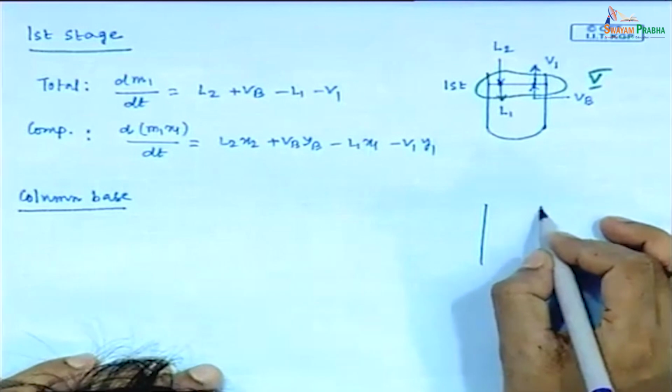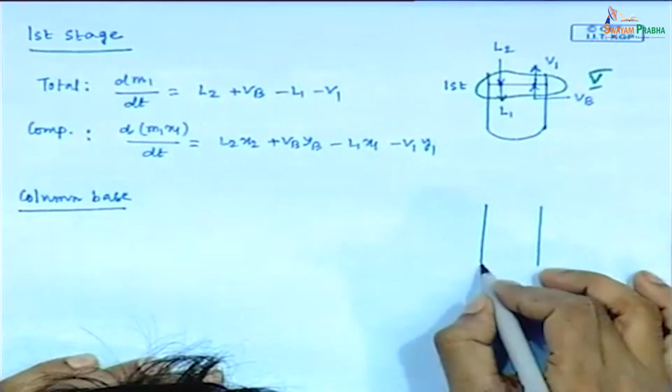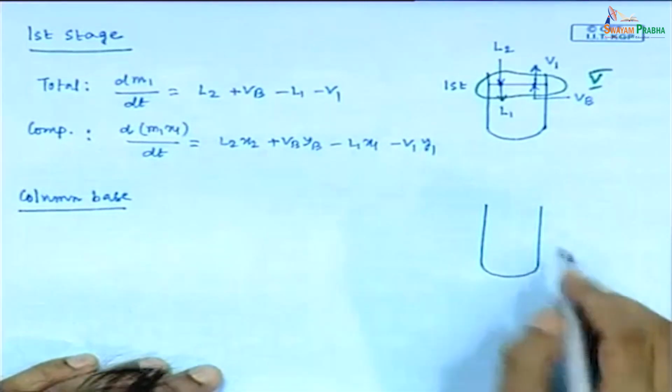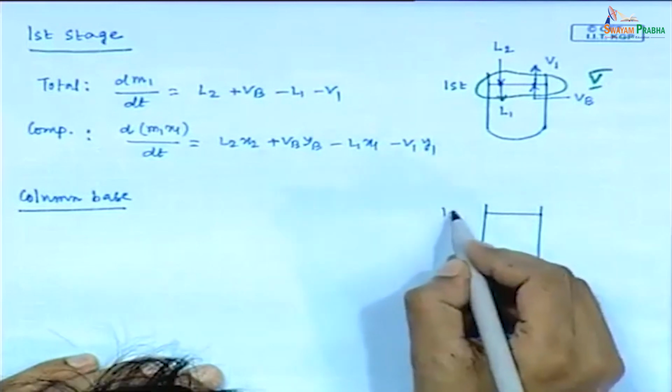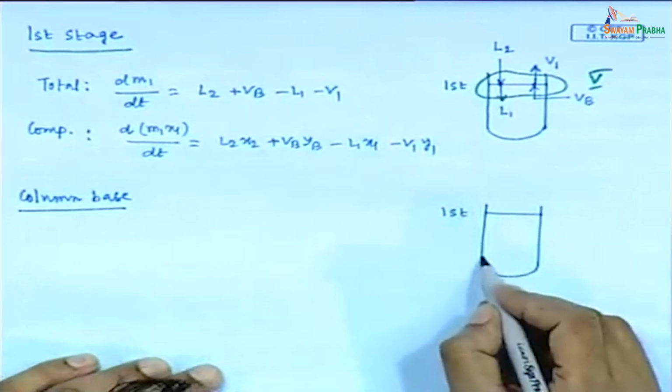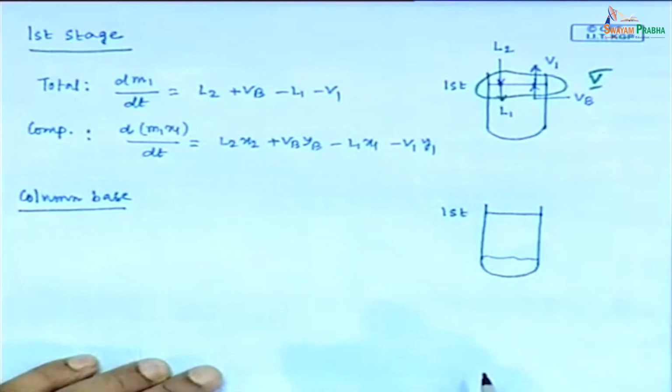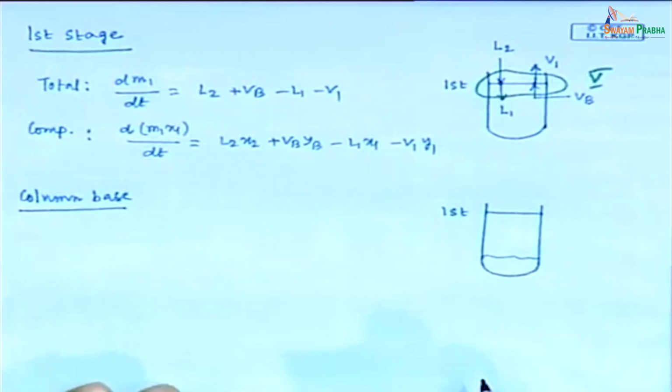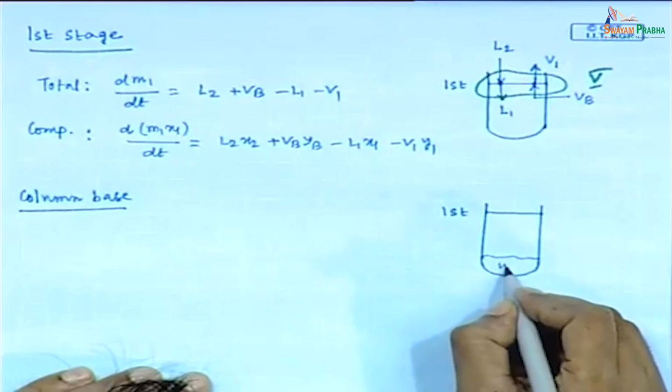The schematic of that is somewhat like this. This is the first stage and this is the column base. Some amount of liquid is accumulated in the column base.